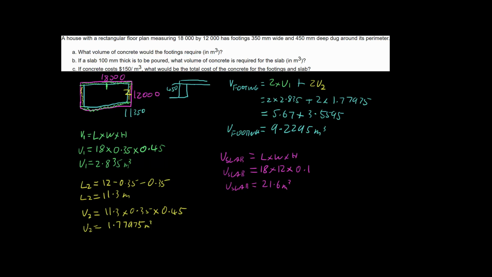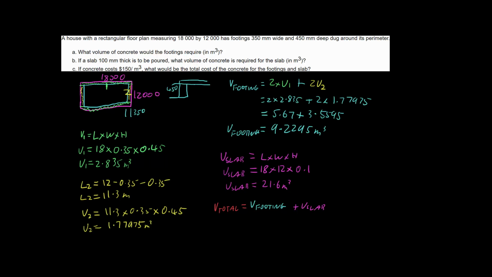So now we've done part A and we've done part B. We've got the volume of our concrete, and now we can work out the total cost of the concrete. To do that, we first need the total amount of concrete we have. So the total volume, I'm going to call it volume total, will be the volume of our footing plus the volume of our slab. And that will give us the total volume.